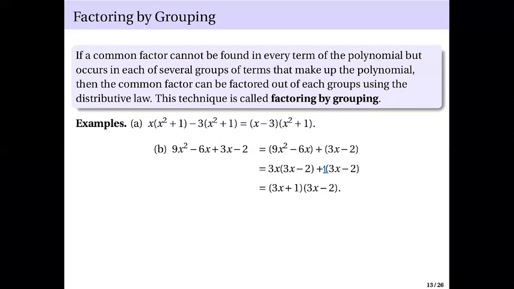Questions? Sorry, I have a quick question. What happened to the minus 2 in the second to last line? Well, it's there. You have your 3x minus 2, 3x minus 2. That's your 3x minus 2 here.